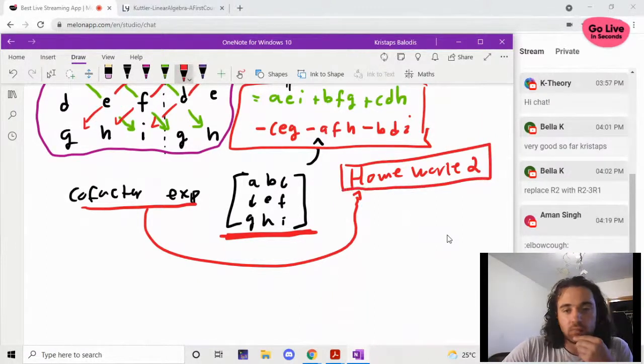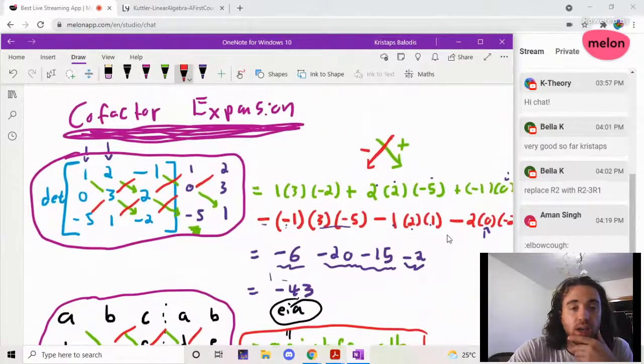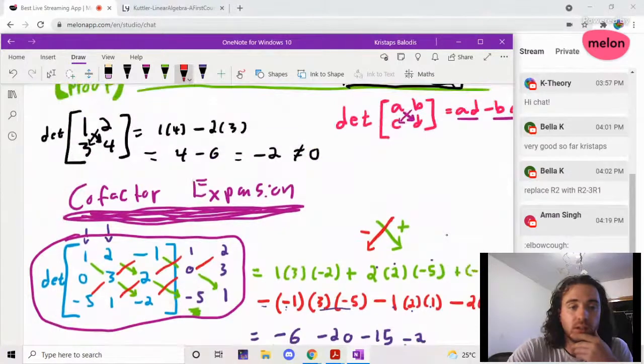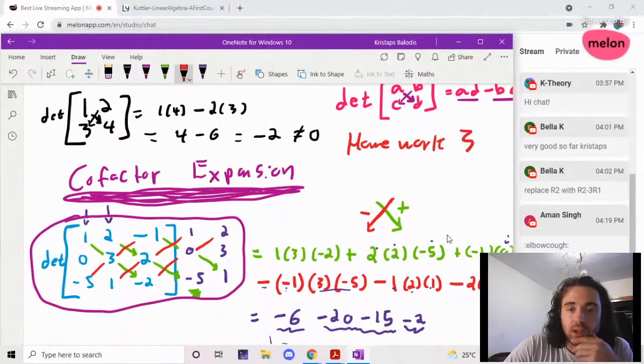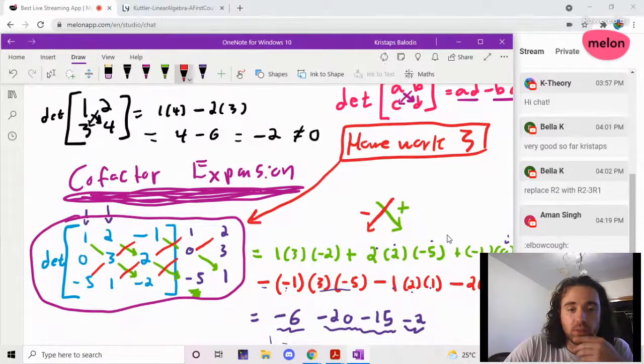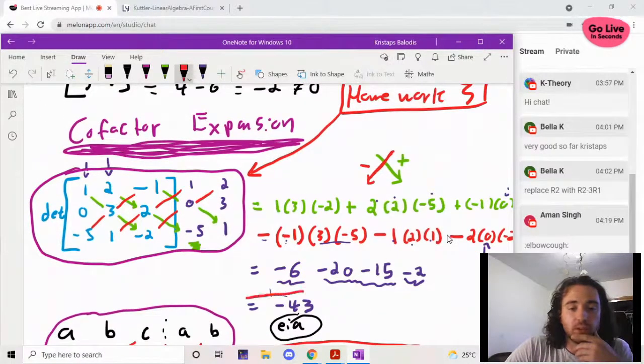And again, if you get stuck, ask me in next week's live stream. And then homework 3: we found the determinant of this matrix, and we figured out that its determinant was minus 43.